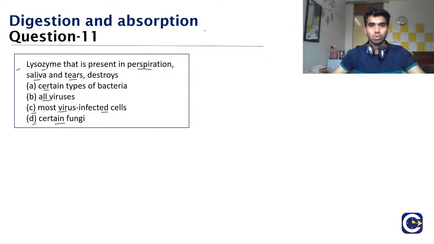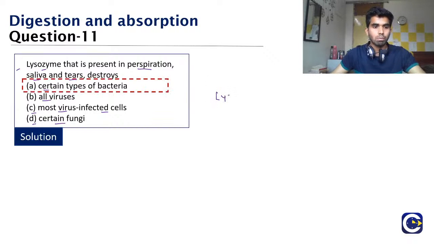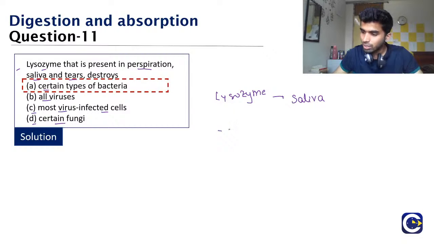Okay, so let us understand what is lysozyme. Lysozyme is an enzyme that is secreted in the saliva, and yes, Priya, Trisha, Jivita, Akshaya, Shri Vidya, all of you have answered it correctly.